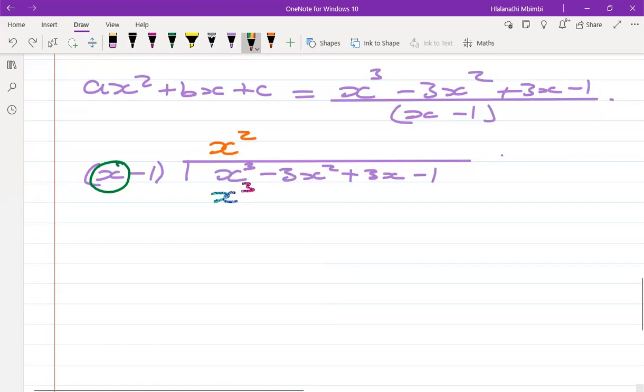Negative x cubed. Yes. Are we happy? Negative x squared, sorry. Are you following? That's going to be negative x squared. Is everyone following this? I want to have a conversation around this. Basically what you're doing is distributing: you multiply it here, and then you multiply it here.